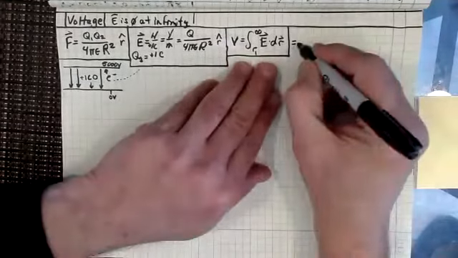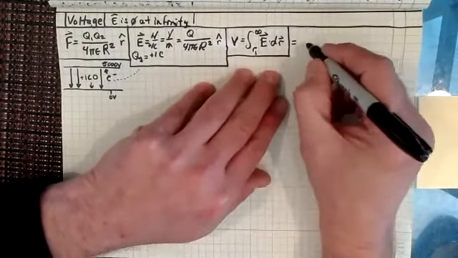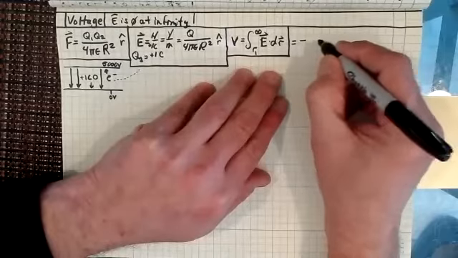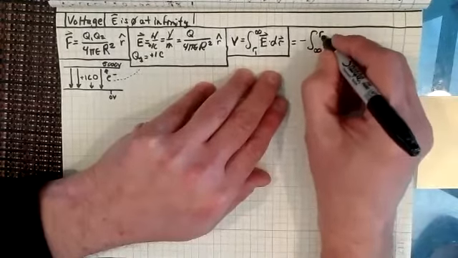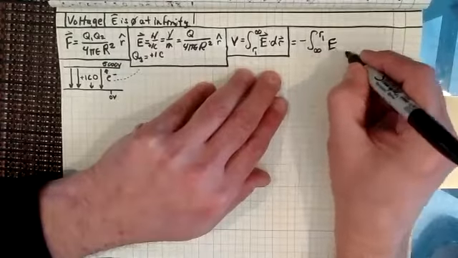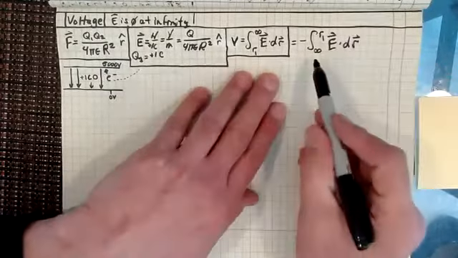So here's what I want to do. So that we can find the voltage at that distance R1, I want to say this is really the negative of the integral from infinity to R1 of E dot dr. And I think everybody can see that.